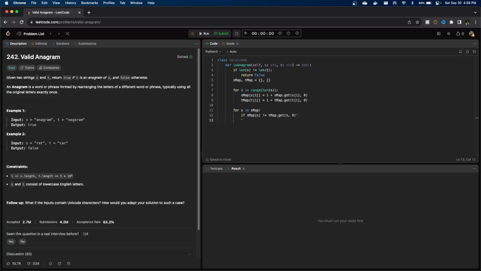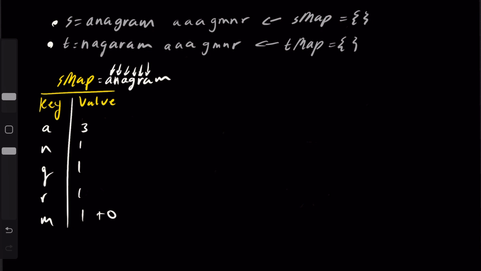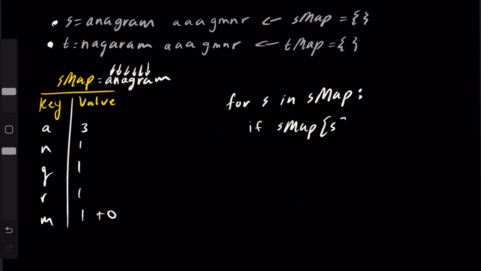So how this works, let's go to the Blackboard because this kind of looks complicated now. So for s in smap, oops, this is lowercase smap. If smap at s does not equal tmap dot get s at 0.